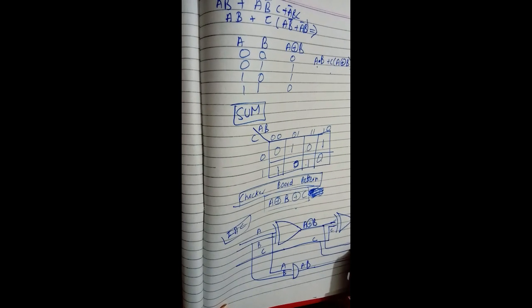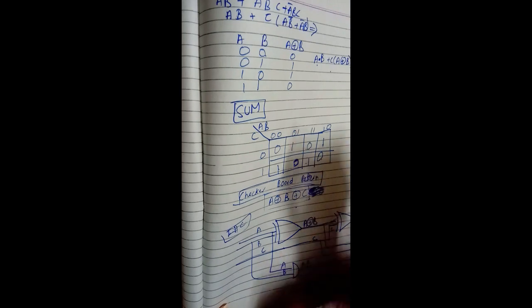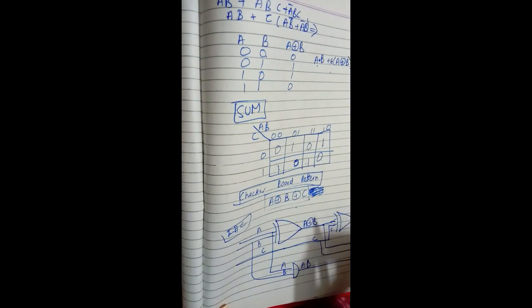This is C into A XOR B. You can see there is the AND gate between them.